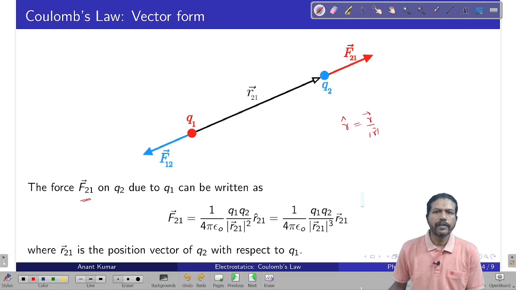Fine. This is a vector form, and you should notice that over here Q1 and Q2 represent the charges together with a sign. So these are algebraic numbers in this case. So if there is a negative charge, we will have to consider a negative sign as well.